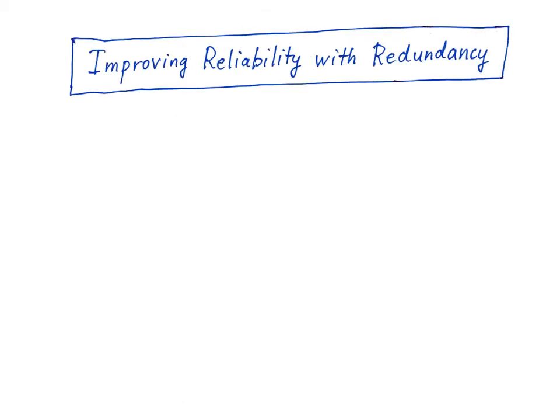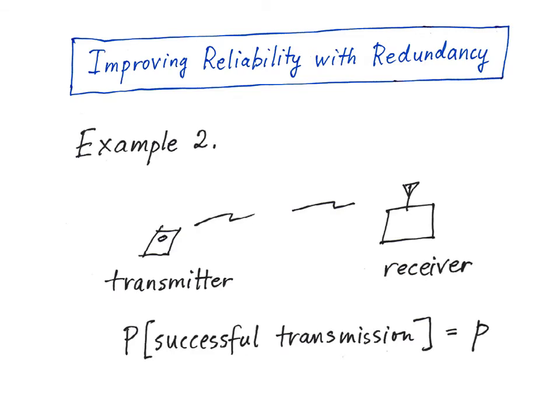Today's lecture is a continuation of reliability theory, improving reliability with redundancy. Example number 2. Assume you have a transmitter, such as a garage door opener or a car lock opener, and the probability of a successful transmission to the receiver is lowercase p.